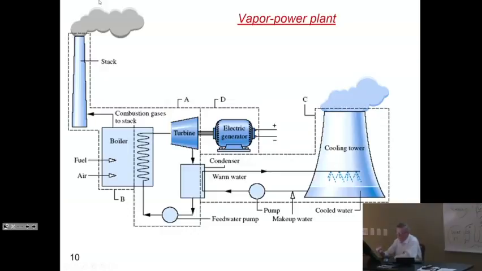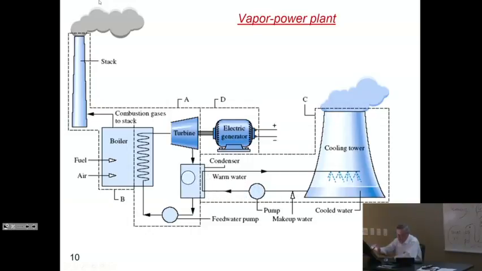Now, the source of cold in the condenser is typically a cooling tower. So in which case you have a second circuit with water. Water is pumped here. This is cooling water. It goes through a heat exchanger.